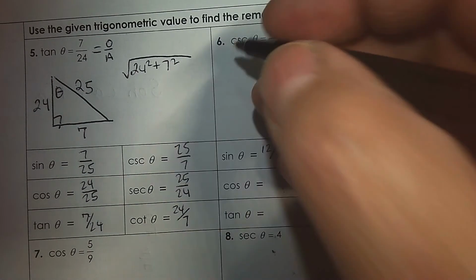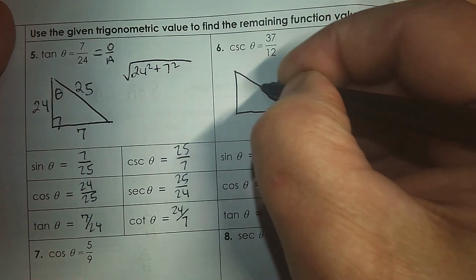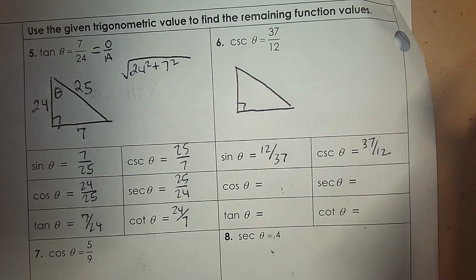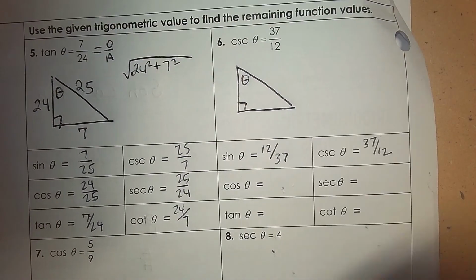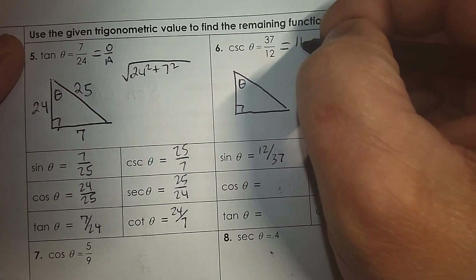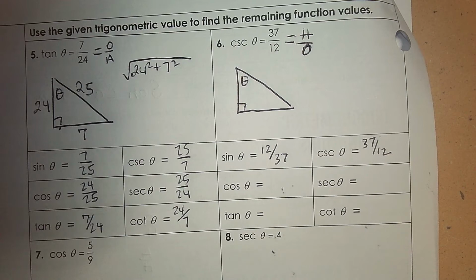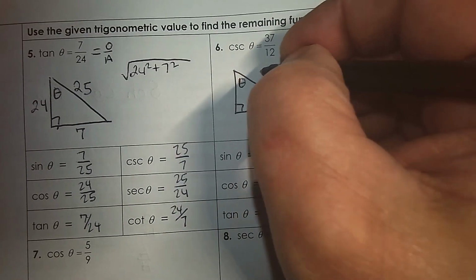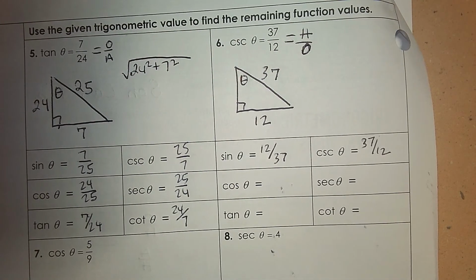We're going to draw a right triangle. And in that right triangle, label 90, and then put theta in one of the corners. The definition of cosecant is the reciprocal of sine, which is hypotenuse over opposite. So we know the hypotenuse is 37, and the opposite side is 12.